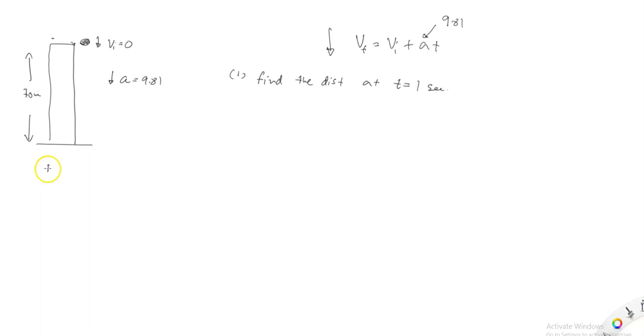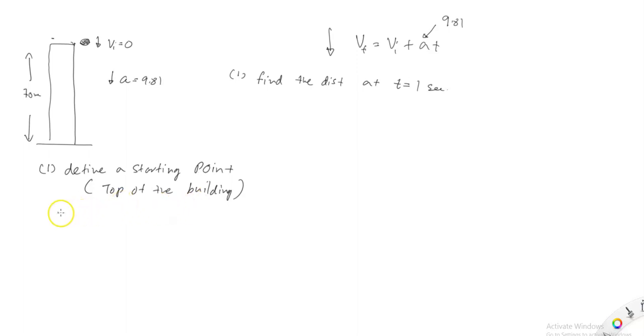So first thing is define a starting point, in this case, the top of the building. If the problem says you're gonna shoot something straight up from the ground, then the ground will be your starting point. Based on the problem, we have to define our starting point.